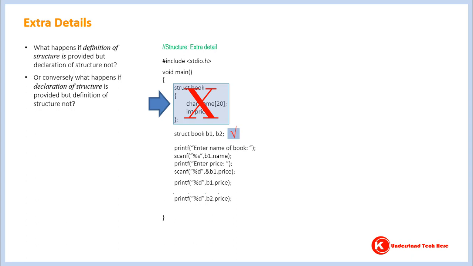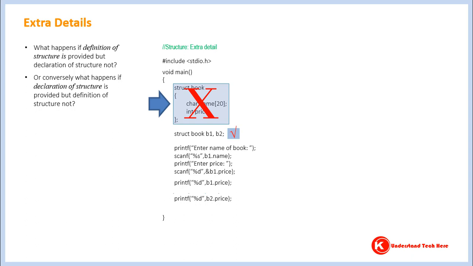We would be telling the computer to create B1 of type book, but when we say to create a thing of type book, what kind of structure or construction the computer is to create will not be clear, and therefore the computer would not be able to create B1. It's like telling a manufacturer of cars to manufacture a car but not giving any design at all.